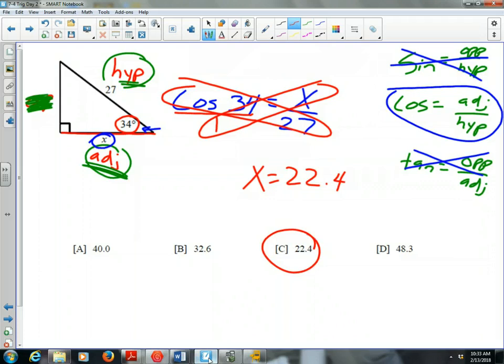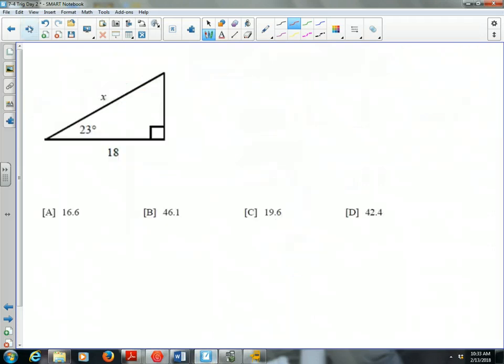Okay? Notice how the next one is slightly different, but along the same lines. Again, I'm going to circle the angle that I'm talking about, and now I'm going to put everything in relationship to that angle. So here's the opposite side. This one is the hypotenuse side because it's opposite the 90, and here then by default is my adjacent side. So I'm actually going to use the same trig function again, aren't I? I have the adjacent side and I have the hypotenuse.